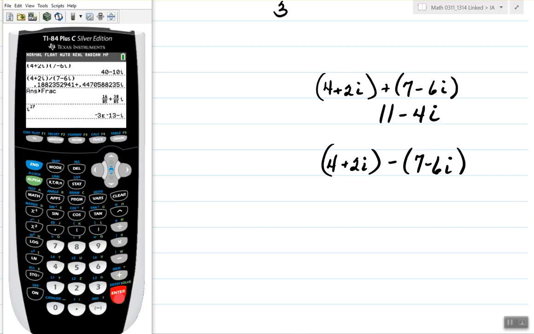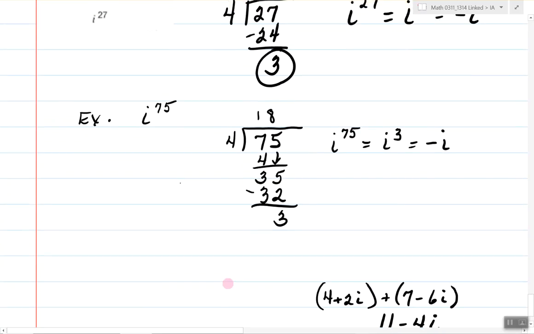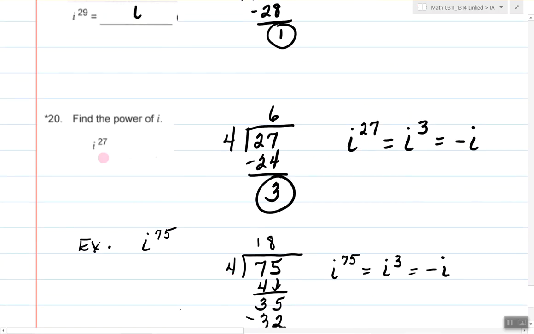I'm not sure about its programming. This is a very unusual answer. I would imagine it's probably correct, but it is a very unusual form. So I'm just going to say don't raise i to powers using the calculator. Instead, do it this way. We had i to the 27th power, and it was so easy to get this, and the calculator had a problem.